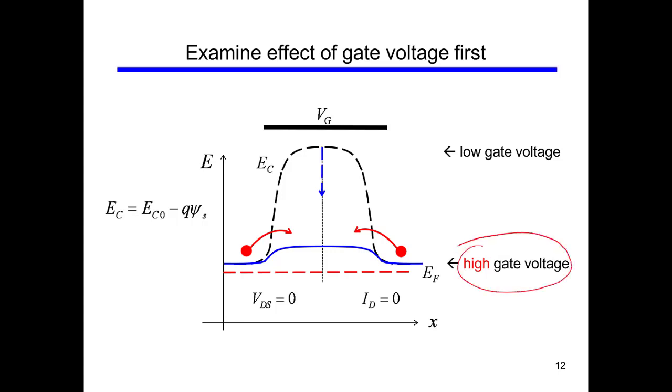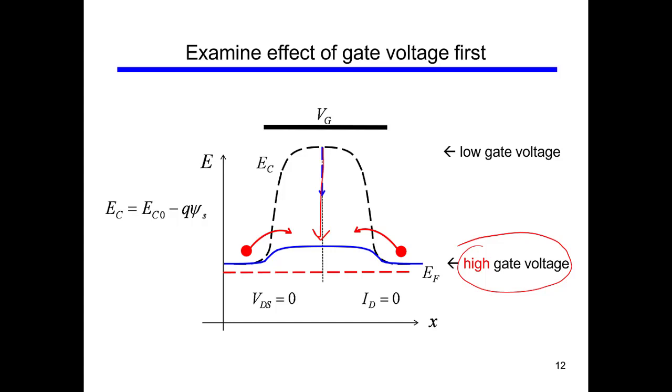So you see, for a high gate voltage, the potential hill goes down. Why? Because we saw that when a potential is applied, the electrons go into a potential well and they lose energy. So that's why the barrier has dropped.